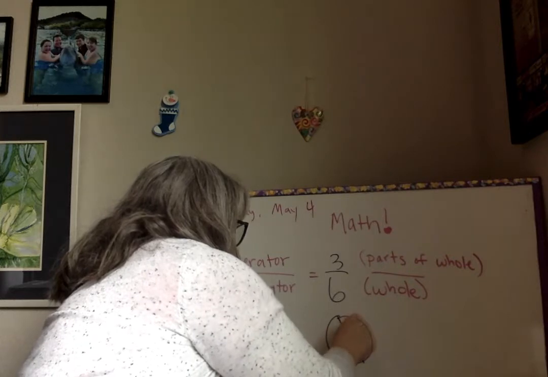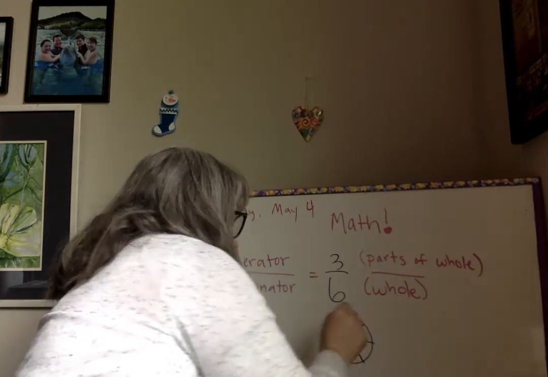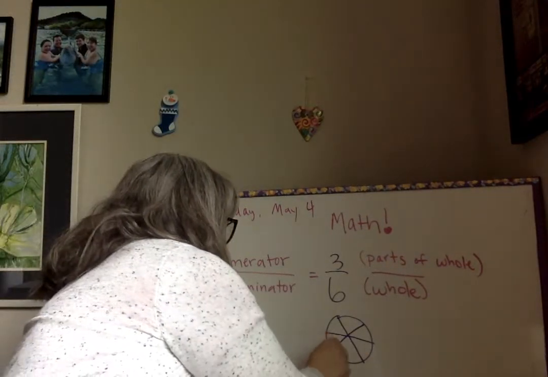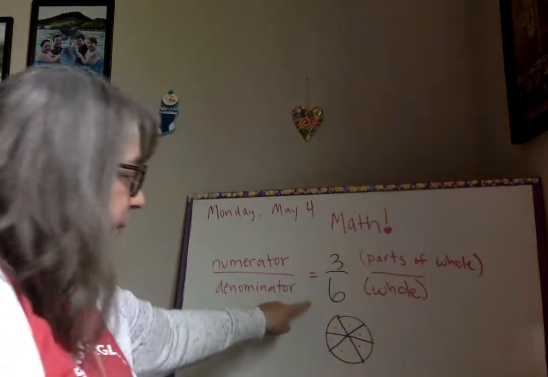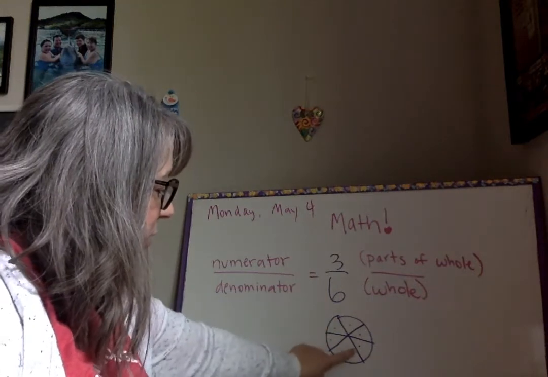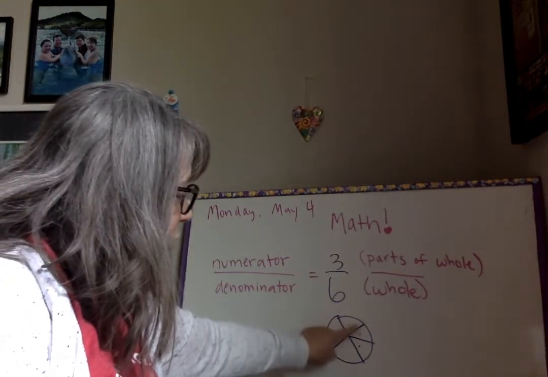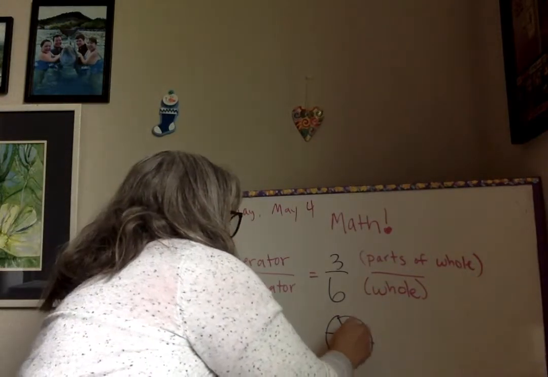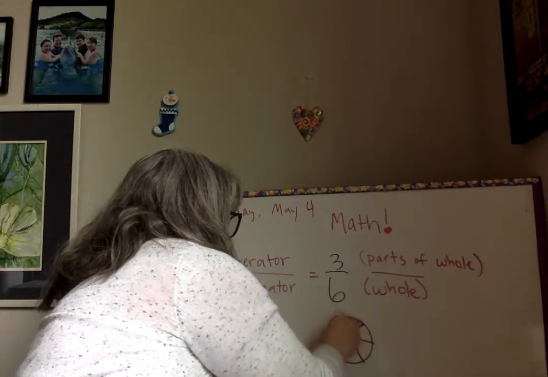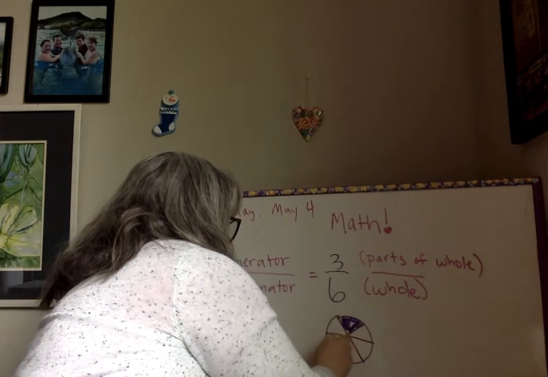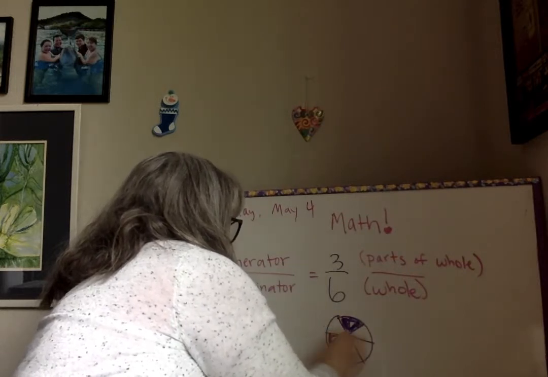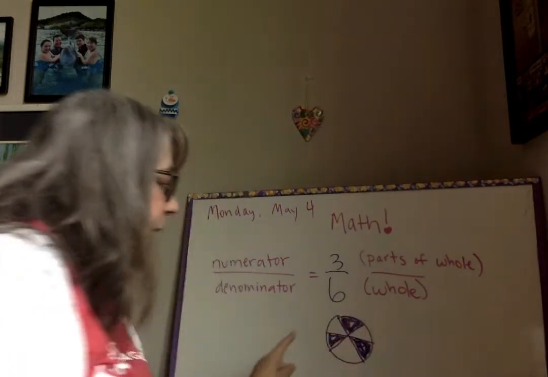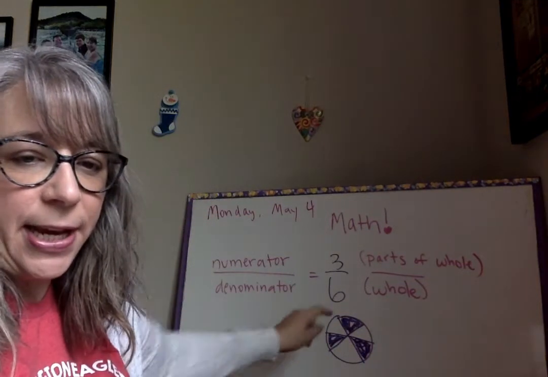Now these aren't going to be perfectly even because I'm not that good, but I only do what I can do. 1, 2, 3, 4, 5, 6. Here's our 6. We have 6 parts to our whole. And now, let's shade in 3 of those. 1, 2, 3. There you go. So now we have 3/6, and there is our drawing.